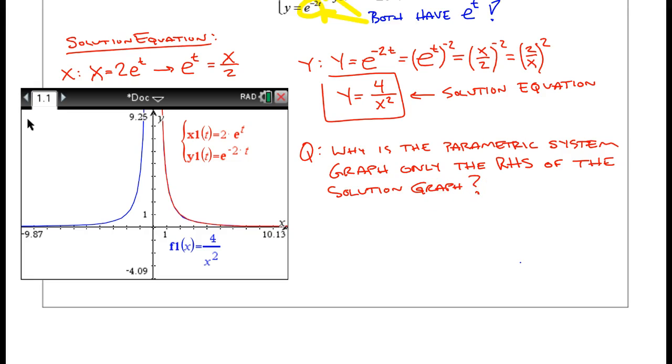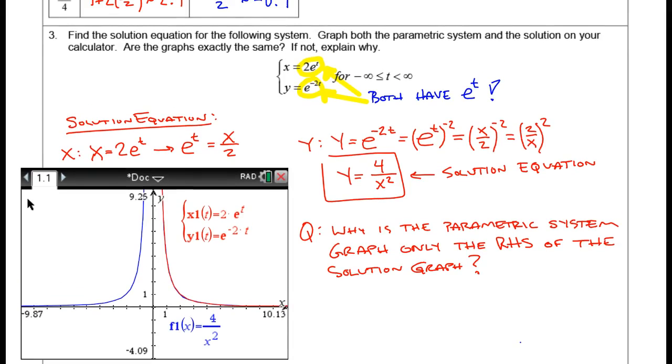So again, why when we graph this parametric system do we only get half of this solution equation?